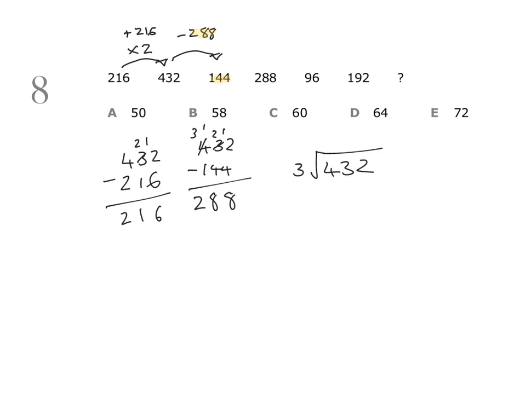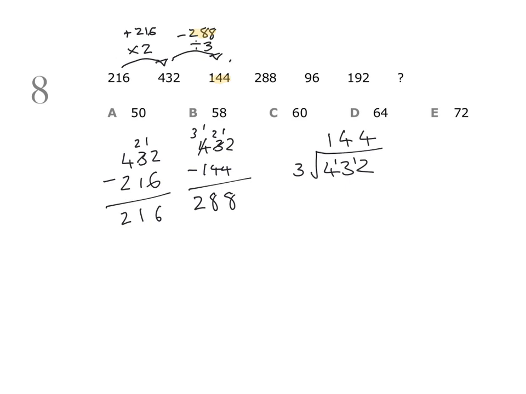Because 3 into 4 goes once, remainder 1. Then 3 into 13 goes 4 times, remainder 1. And then 3 into 12 goes 4 times. So another way of looking at it is that to get from 432 to 144, we are dividing by 3.